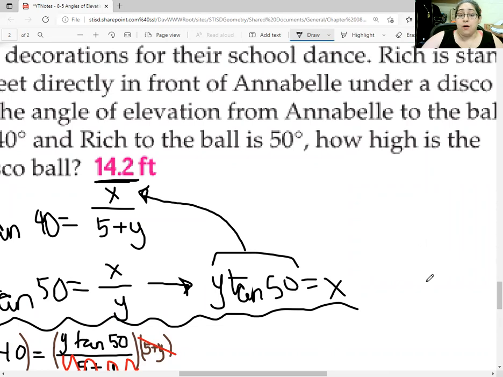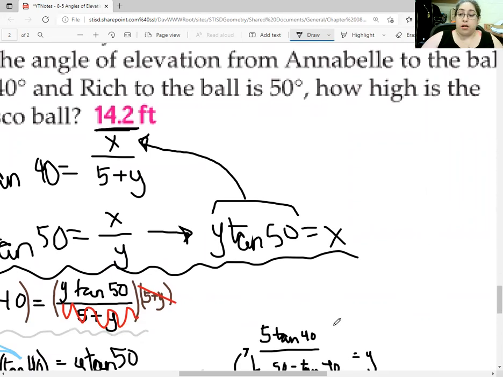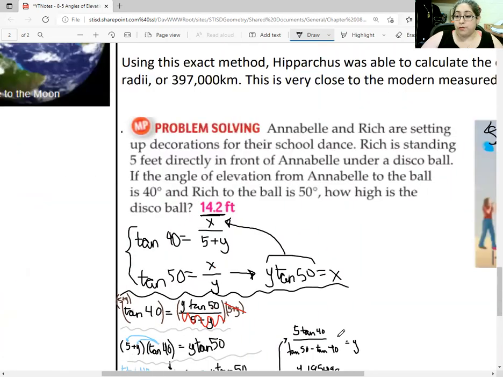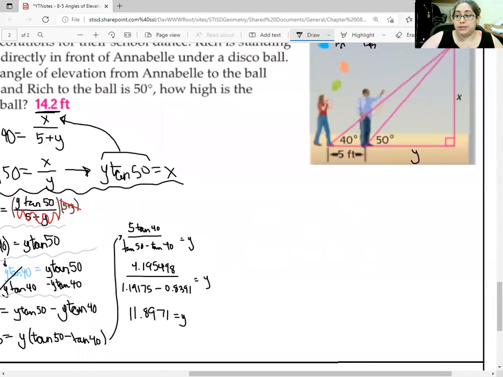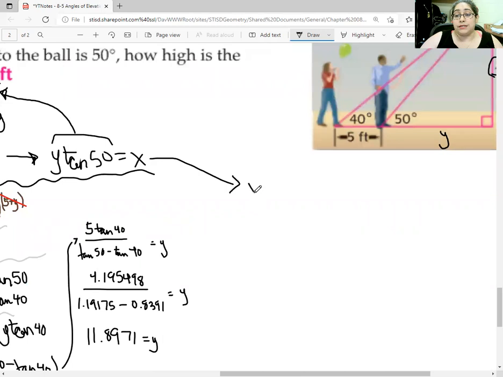All right. How high is the disco ball? I've already got a value of y. Let me zoom out and let me see which variable was the height of the disco ball. The variable for the height of the disco ball is x. The good news is that I've already solved for x right here. So I'm going to copy down that equation that says that x equals y times the tangent of 50.